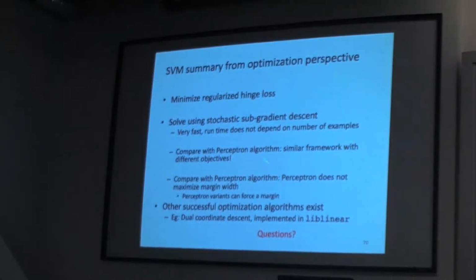Of course, stochastic subgradient descent is not the only choice for training SVM. People have developed numerous training algorithms. For example, the dual coordinate descent approach is also very popular. And if you want a very efficient implementation of SVM, you can use the so-called LIBLINEAR, which is implemented by a professor at Cornell University.